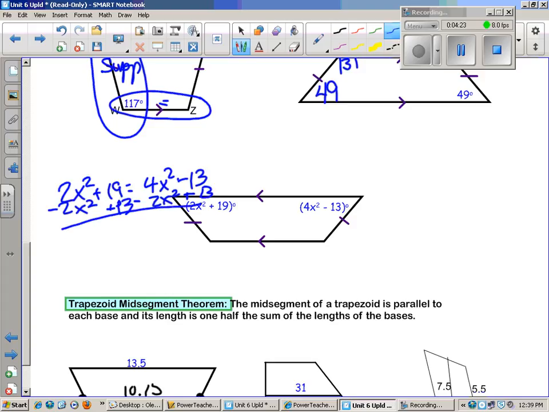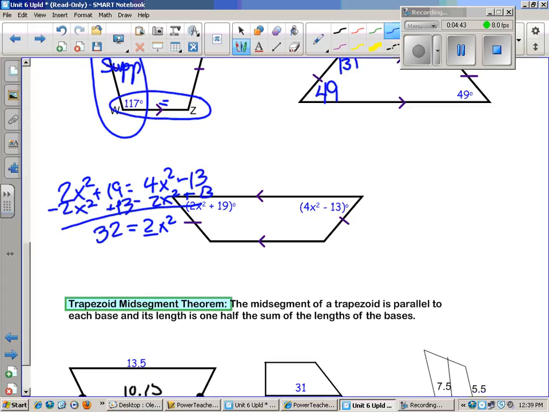And that gives me 32 equals 2x squared. Just like the x doesn't change if you subtract 4x minus 2x, it still stays x. Same thing with squared. 4x squared minus 2x squared is 2x squared. All right?